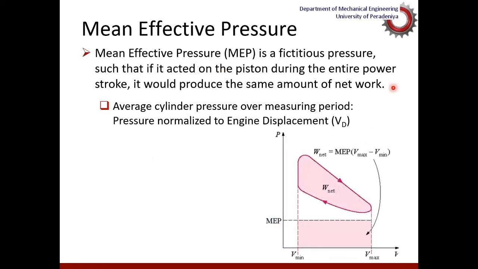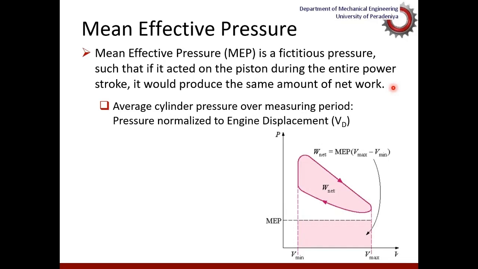Brake power or indicated power that we computed earlier is highly dependent on the size of the engine. If the displaced volume is larger, then you could produce a large amount of power, or if it is smaller, then the power production will be smaller.